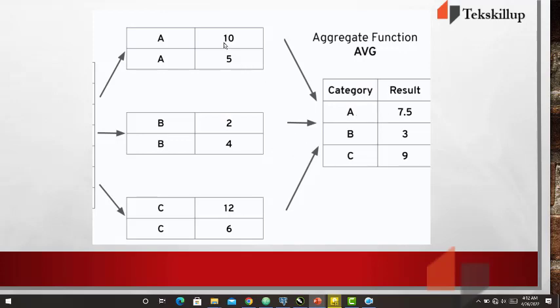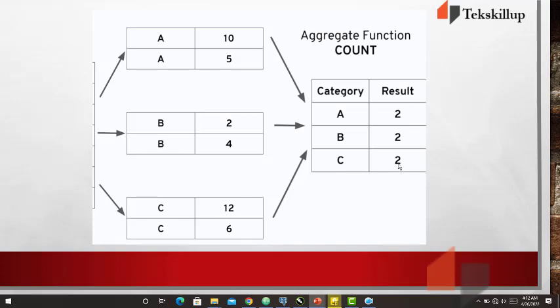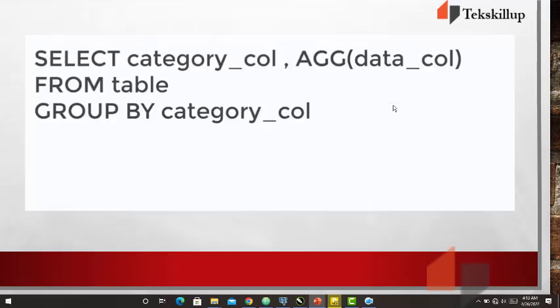So it gives us the average of 15, that's 10 and 5, to give us 7.5, and does that for B and also does that for C. If you apply the count function to it, it returns the count of each of these categories. We have 2, 2, and 2 here. So it displays the single result in each category.